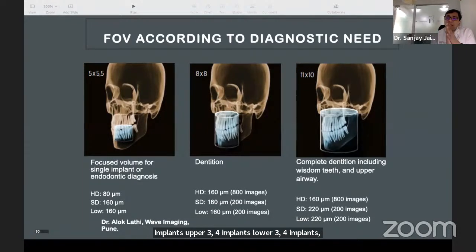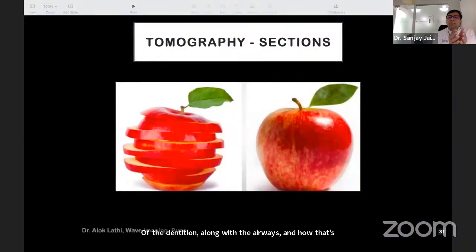But if you're planning major sinus lifts or major pterygoid implants with upper and lower planning to be done, then I would say it's always better to have an 11x10 field of view, and that will give a complete view of the dentition along with the airways. That is helpful because it helps us get precision as far as the imaging is concerned.